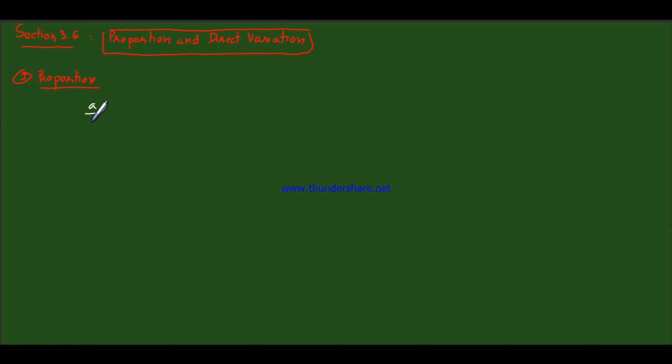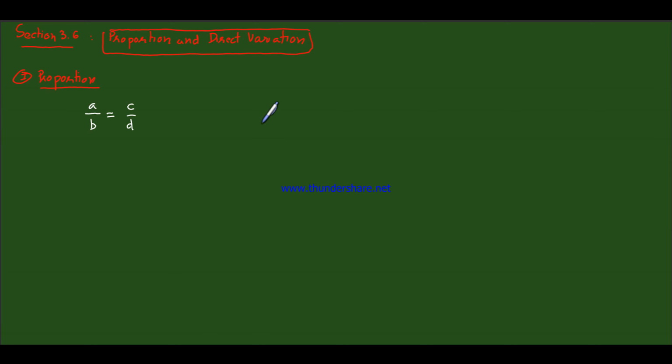So if the first fraction is A over B, and the second fraction is C over D, we have two fractions and they equal each other. Then this is called proportion.